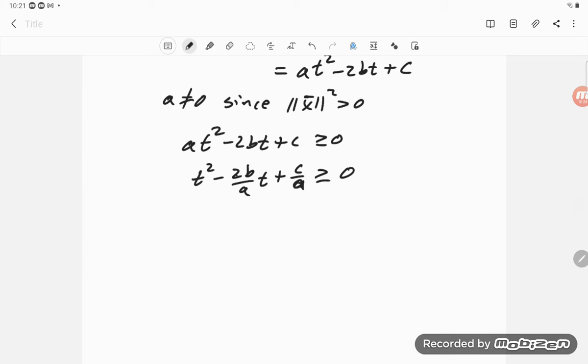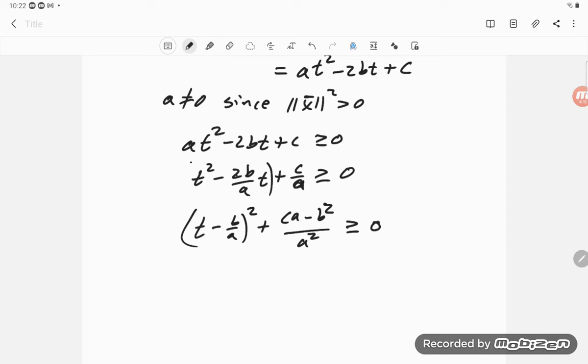And then they just complete the square, is all they're doing in their next step. So they say t minus b over a quantity squared plus ca minus b squared over a squared is greater than or equal to 0.